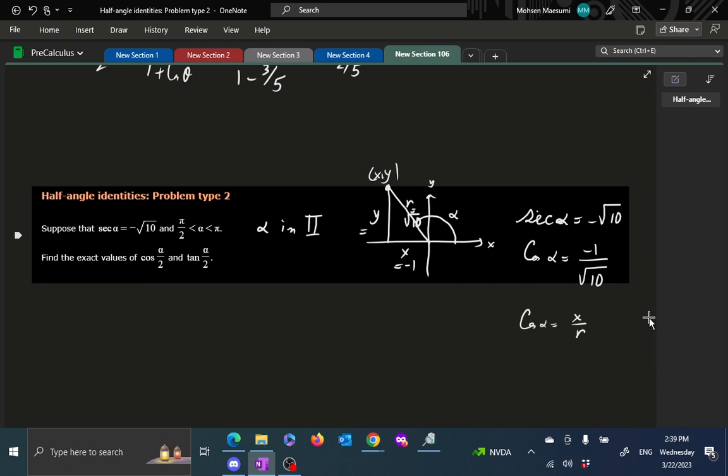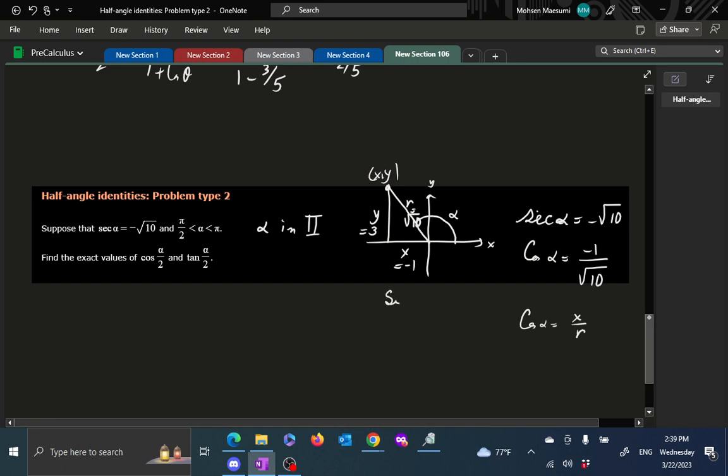Y is going to be, of course, 3. So all I need to figure out here is sine of alpha, which is y over r, and that's going to be 3 over radical 10. So I have my sine and I have my cosine.